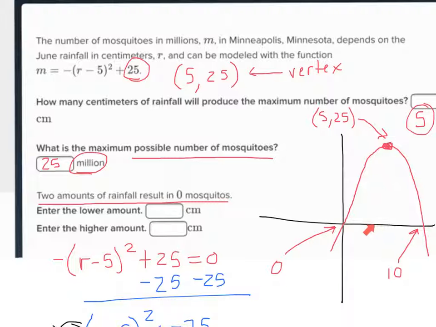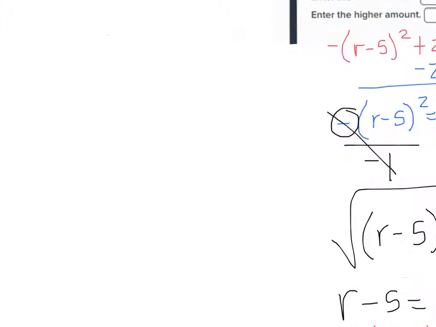If I have like 2.5 inches of rain, I'm going to have less mosquitoes, right? If I have 1 inch of rain, I'm going to have less mosquitoes. What if I have 0 inches of rain? I'll have 0 mosquitoes, right? The reason is if there's a pond, okay, of water, do y'all see my pond?